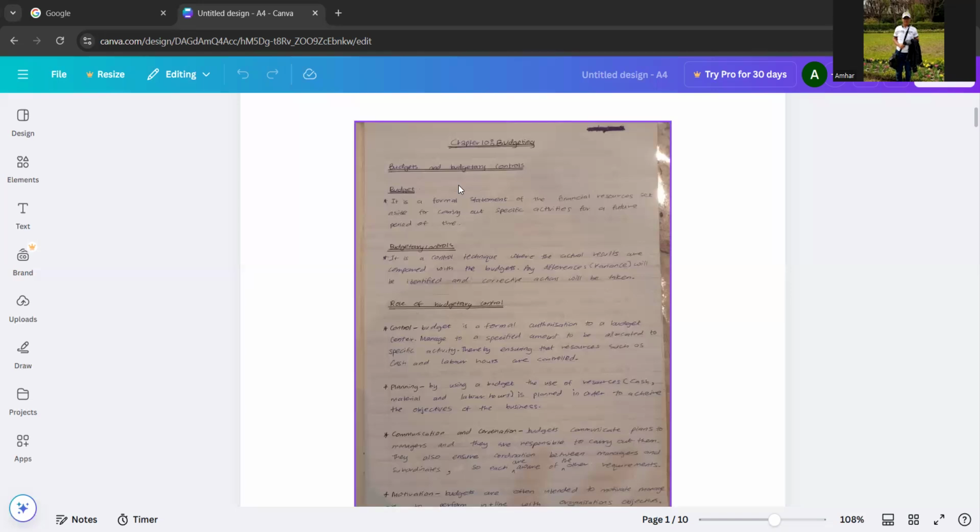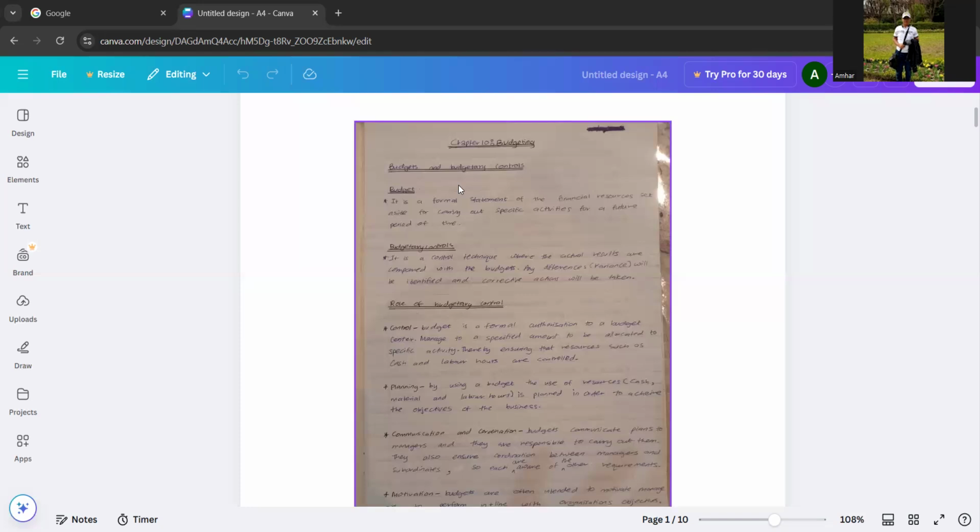It will be identified, and corrective actions will be taken. When the variance is adverse, when the budgets have performed poorly, then corrective actions will be taken. The management will take some actions. Okay, so that's all there.